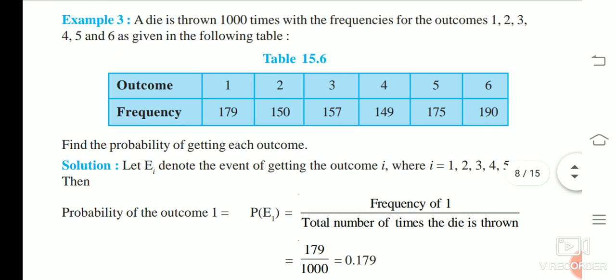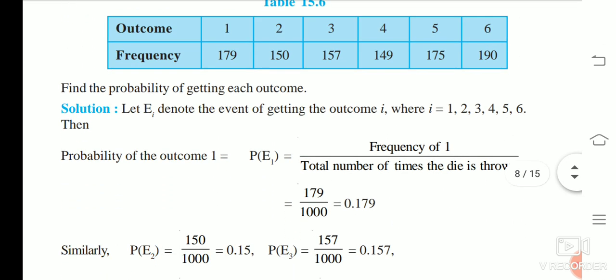So here Ei comes from 1, 2, 3, 4, 5 and 6, this thing is given here. Now probability of the outcome equal to probability of E1, first E1, second E2, third E3, like that.